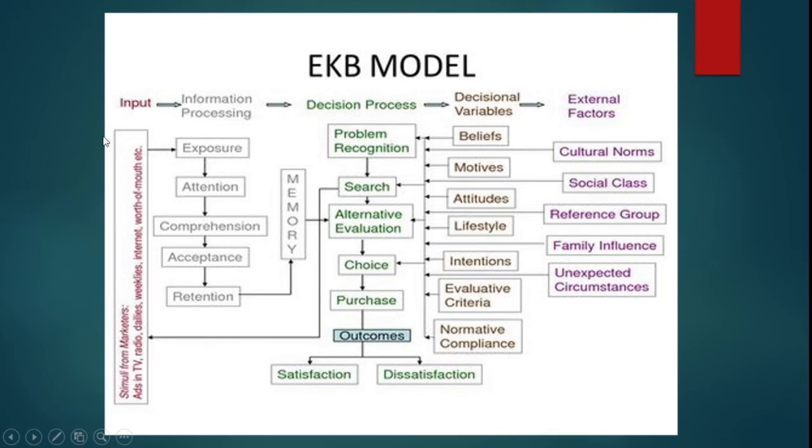Information from marketing and non-marketing sources feeds into the information processing section of the model. Here the information is processed and passes through the consumer's memory, which serves as a filter. The information has an initial influence at the problem recognition stage of the decision making.